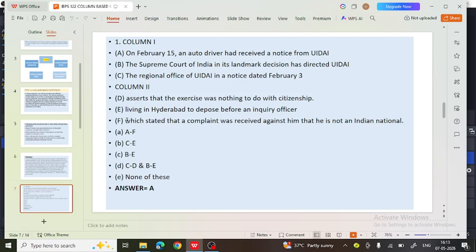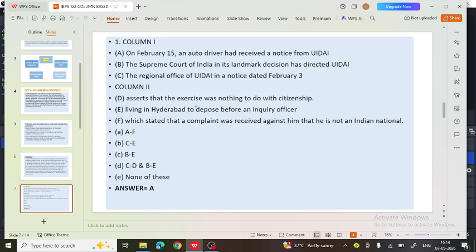Now let's see the next sentences given here. The Supreme Court of India in its landmark decision has directed UIDAI asserts that the exercise was nothing to do with citizenship.